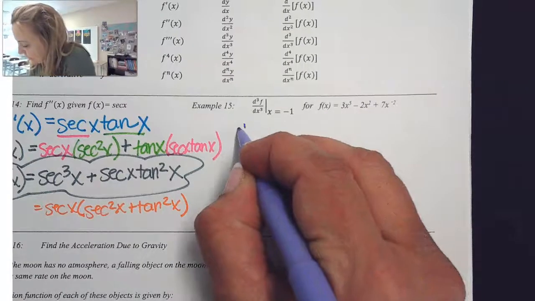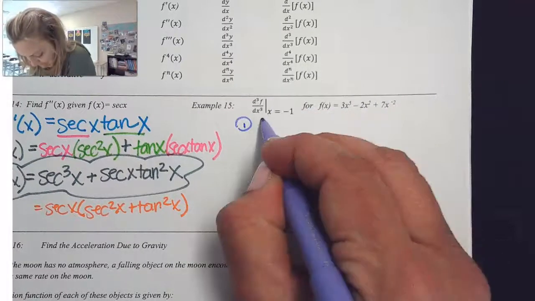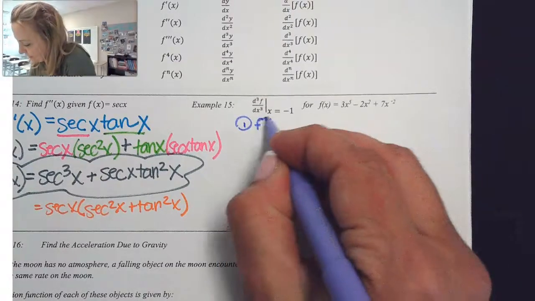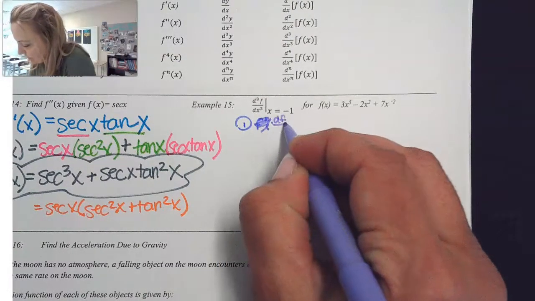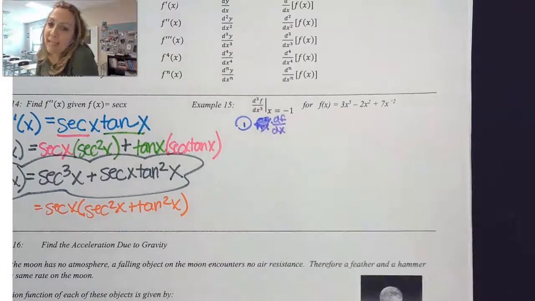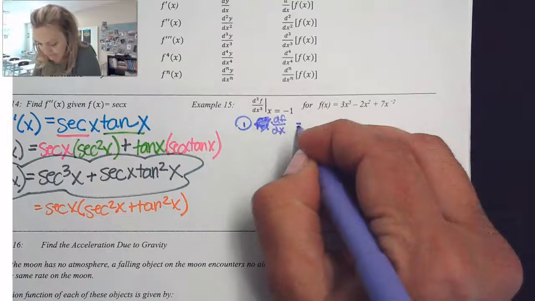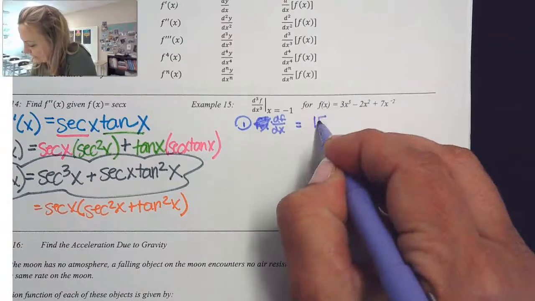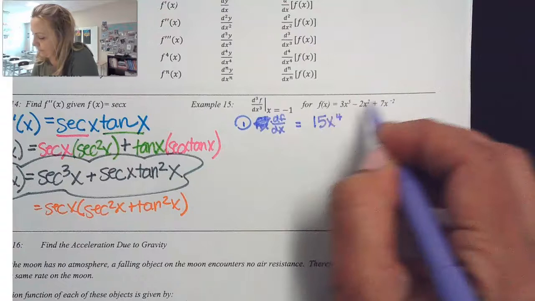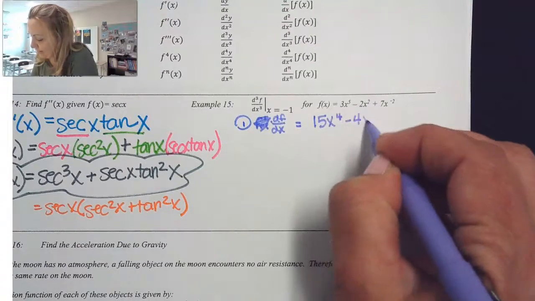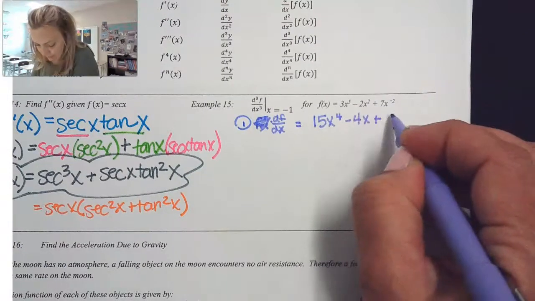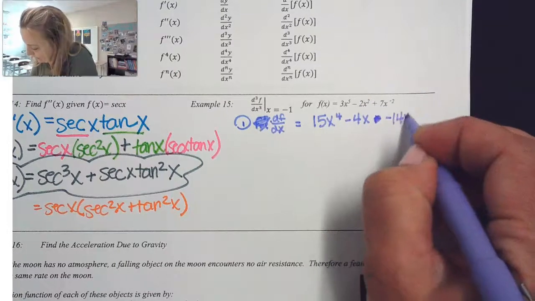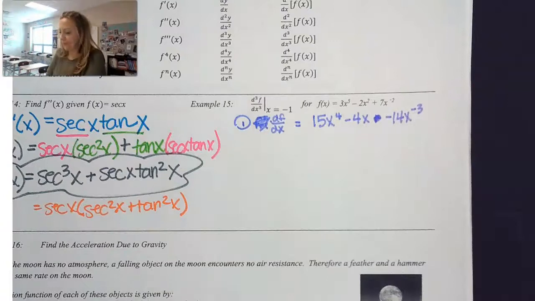So the first derivative, let me call this df dx to be consistent with their notation, is going to be 15x to the fourth minus 4x minus 14x to the -3.